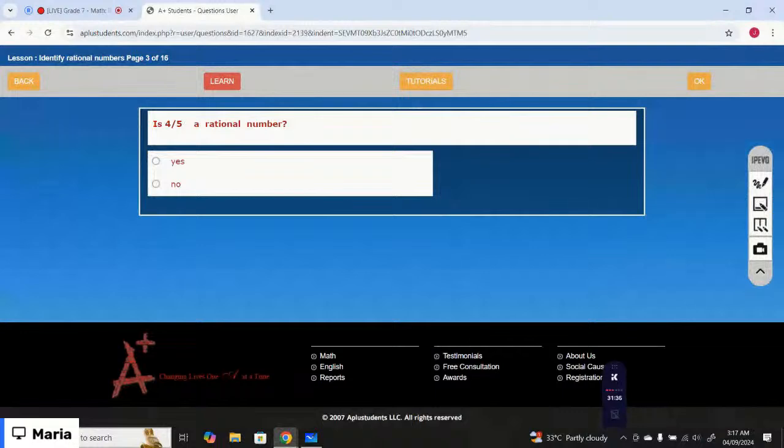The correct option is yes, it is, right? 4 by 5 is a rational number.